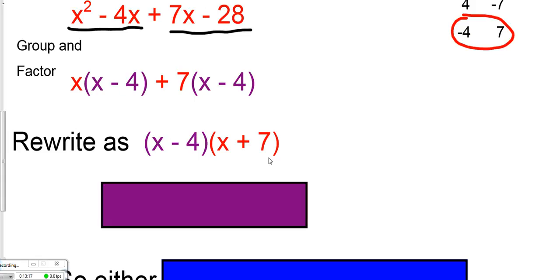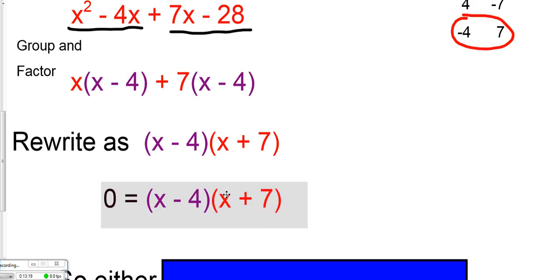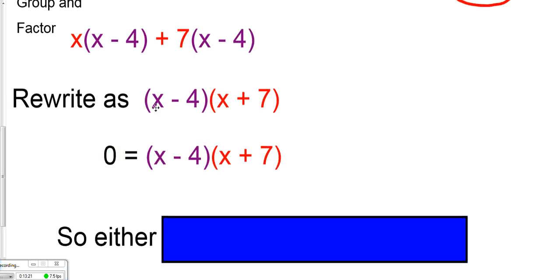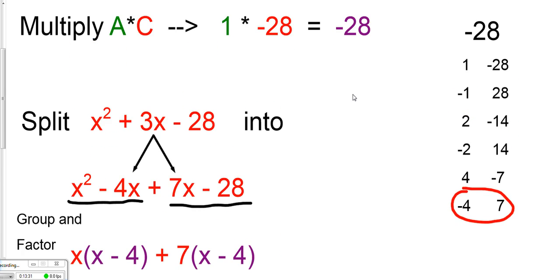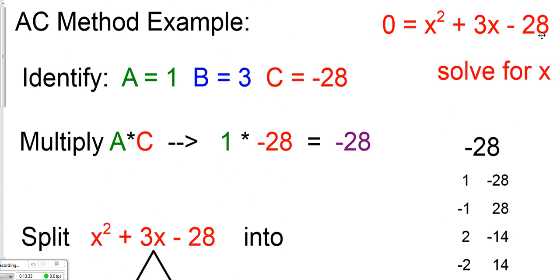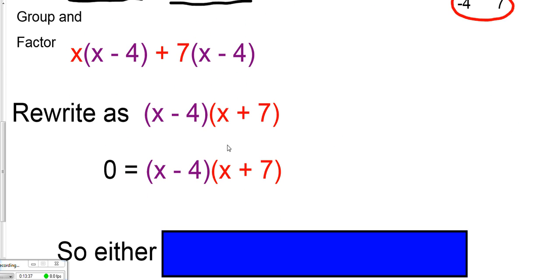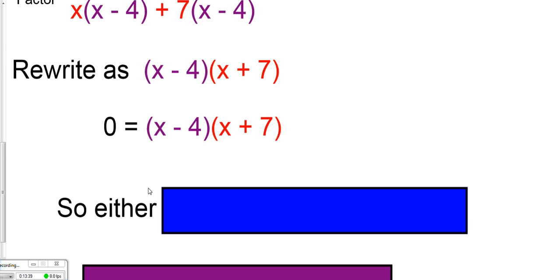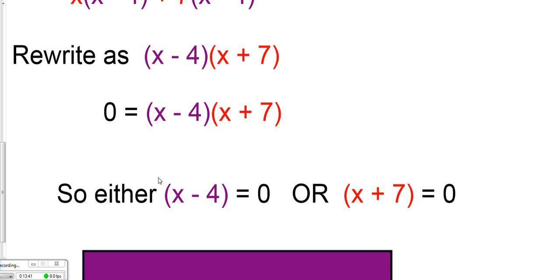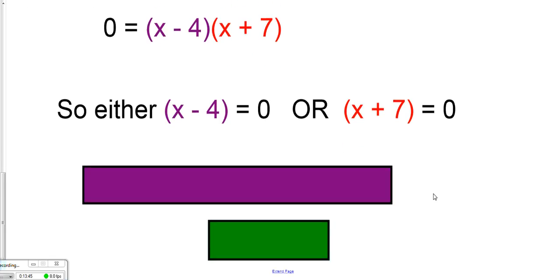Now that I have it as the product of 2 binomials, I just put that back in for my quadratic, and I now say 0 equals x minus 4 times x plus 7. This equation, this version of it, means the same as this one. So all we did was convert this into 2 binomials, which tells us that either x minus 4 equals 0 or this x plus 7 equals 0.